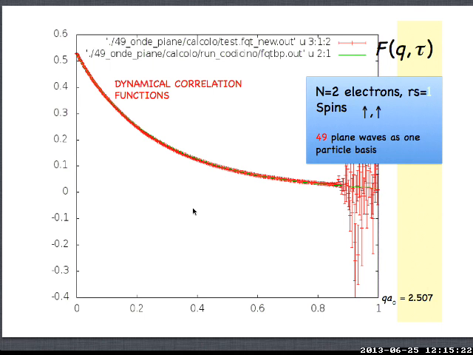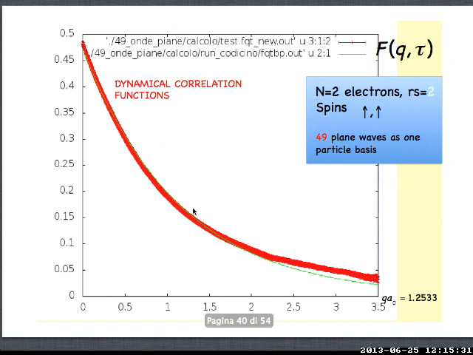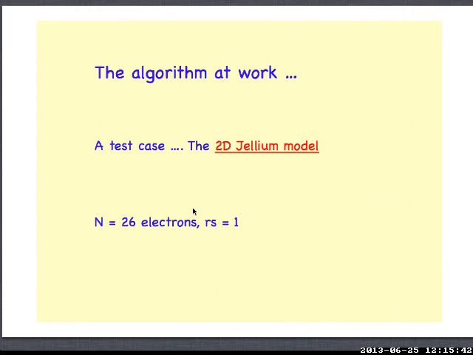You have many particles, many basis elements. It could become a bit difficult. Here is with rs equal to 2. It has not disappeared. The instability problem appears somewhere here.